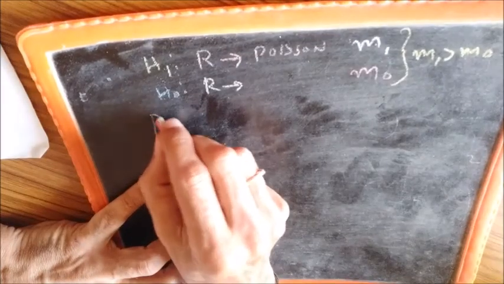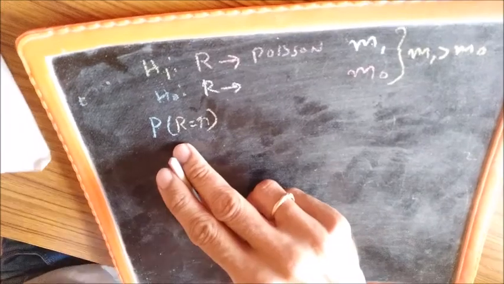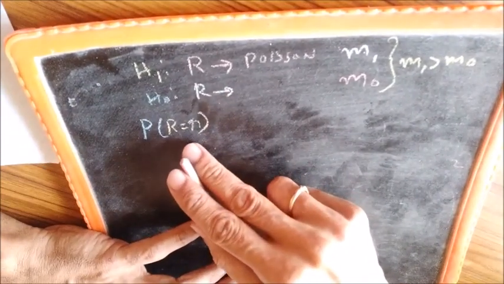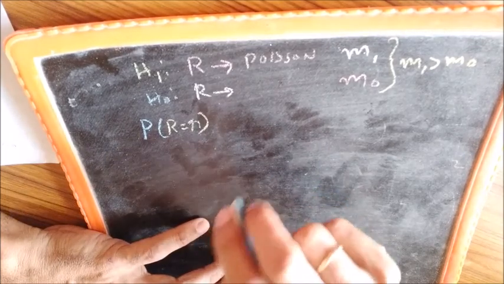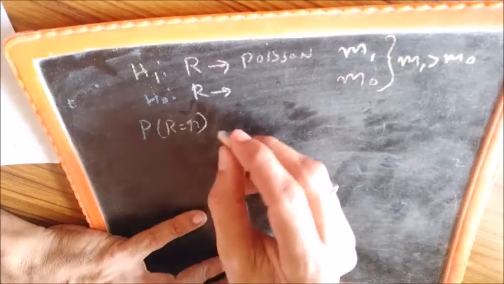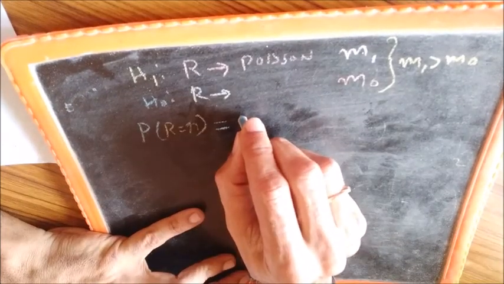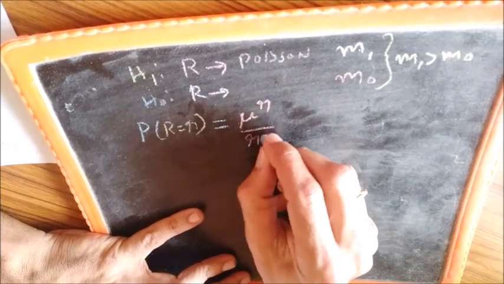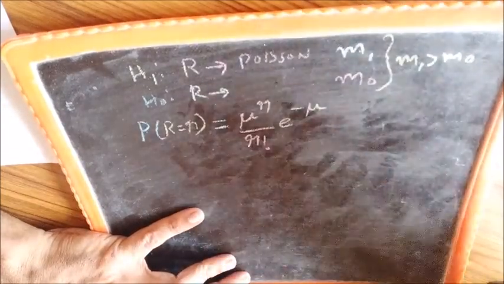Now, the Poisson distribution: the probability of a random variable R which has a Poisson distribution to take a specific value R, remember, it's a discrete distribution, is given by mu power R by R factorial, e power minus mu.